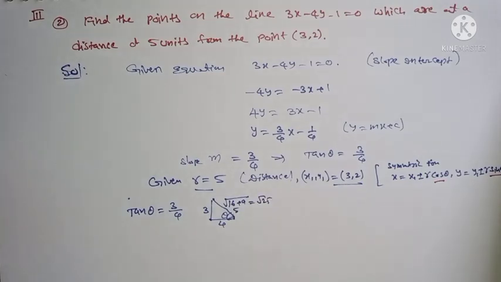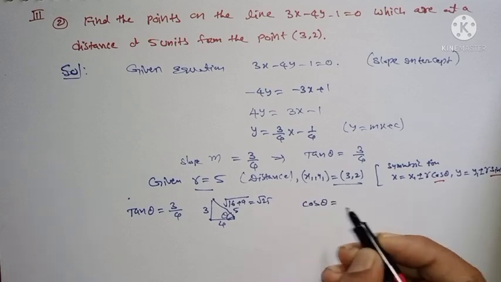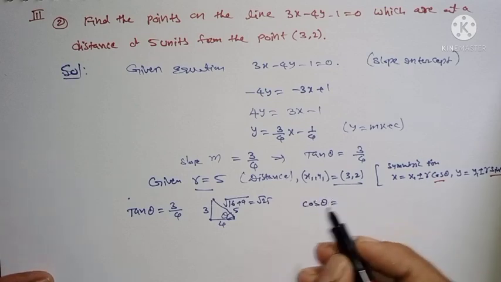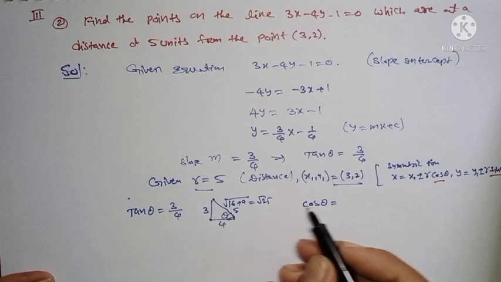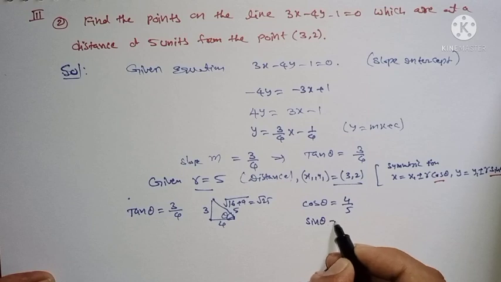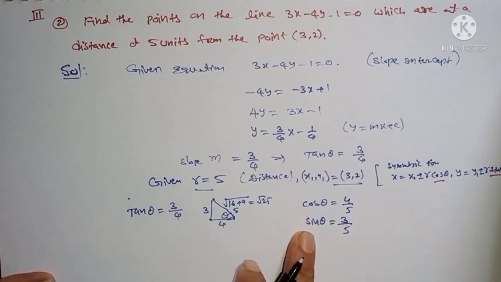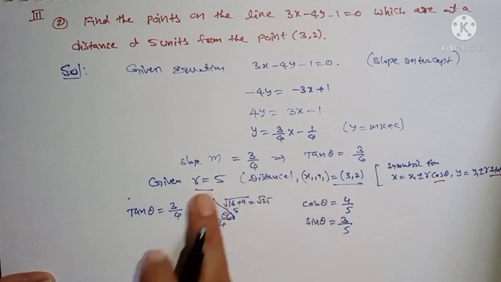You got this of 5 only. And you can write here cos theta is equal to, what is the cos theta form? Adjacent by hypotenuse, that is 4 by 5. Sin theta is also 3 by 5. You got your cos theta and sin theta value, x1, y1 and r.